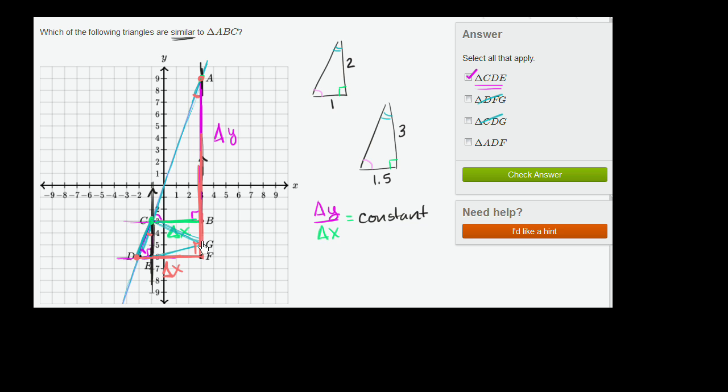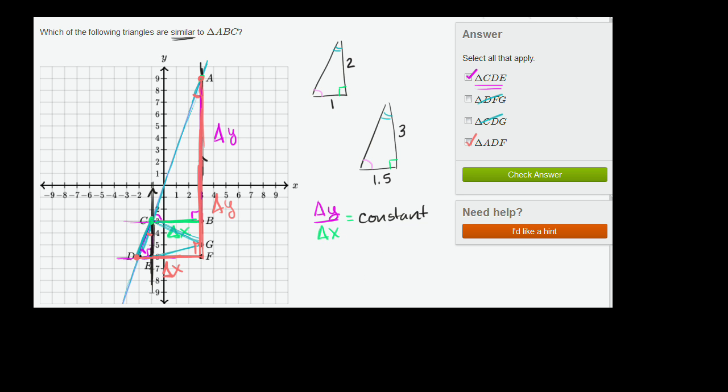This is your change in y. These two ratios are always going to be constant when your hypotenuse is a line. So once again, this is one of those classic right triangles constructed from the line where the base is the change in x, this height is a change in y, the hypotenuse is the line itself. These are going to be similar. So this is definitely a similar triangle.